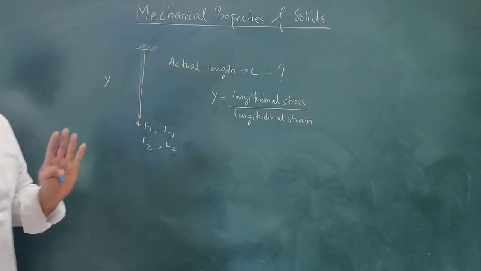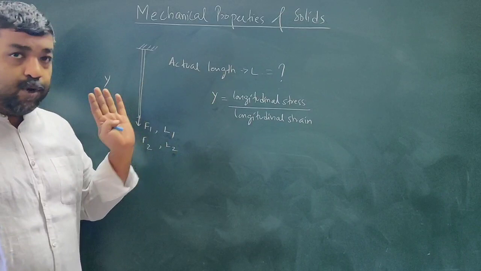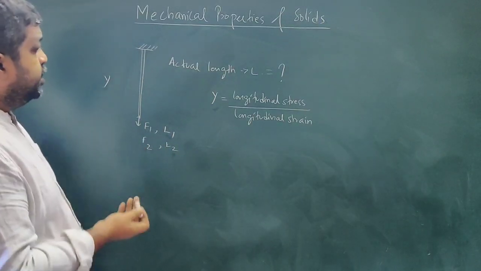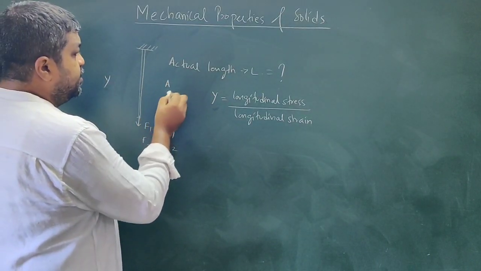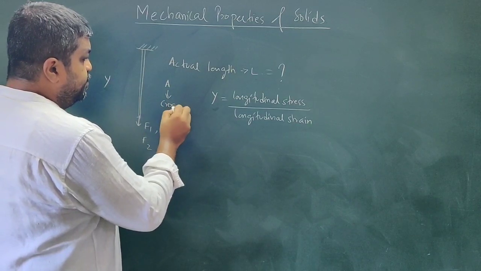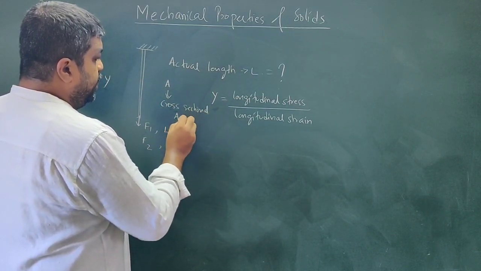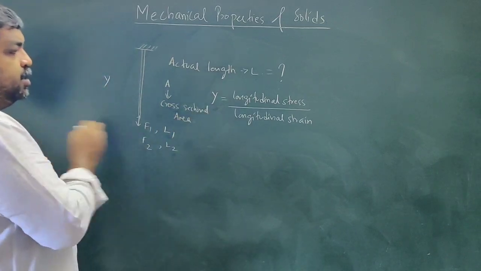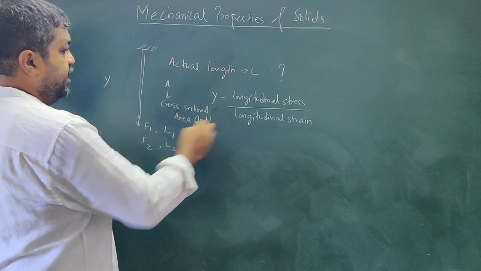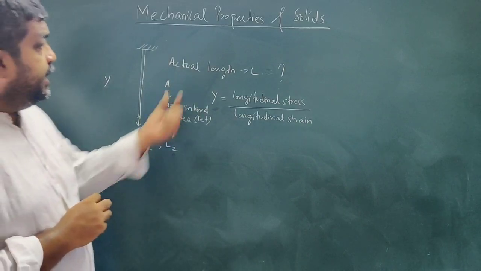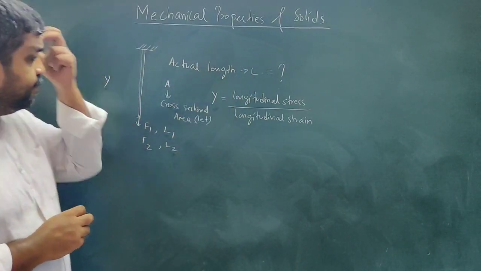This is the general definition of Young's modulus. Now, if I take A as the cross-sectional area, and L is the length, and L I need to find.